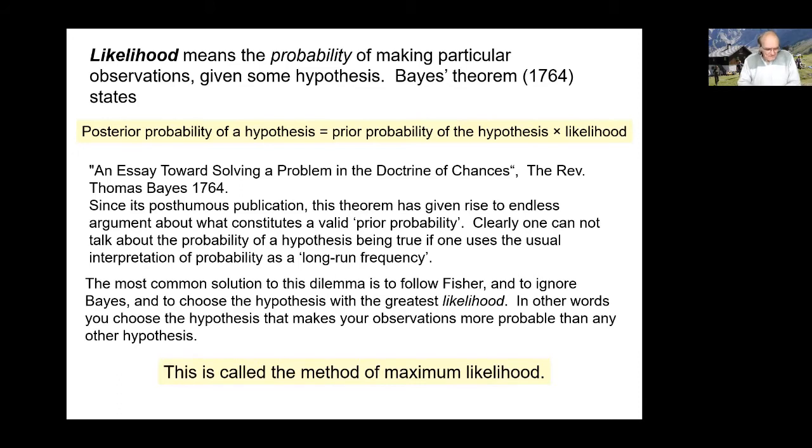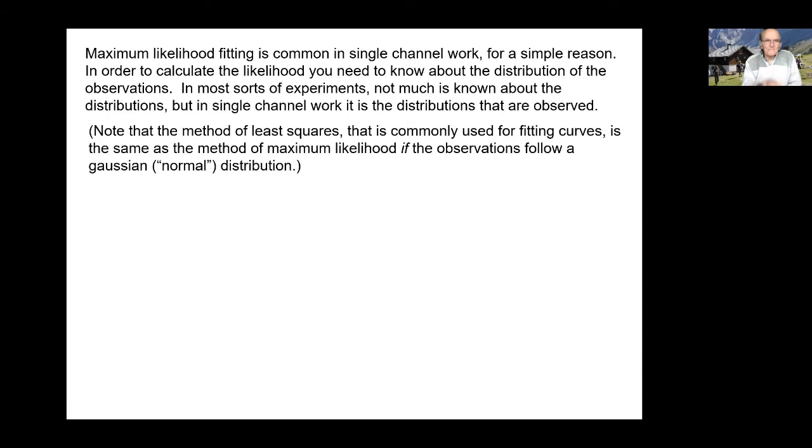That's the method of maximum likelihood. So the likelihood of a hypothesis is the probability of the data given that hypothesis is true. The likelihood isn't a probability, strictly speaking, but it is a measure of how plausible your hypothesis is.